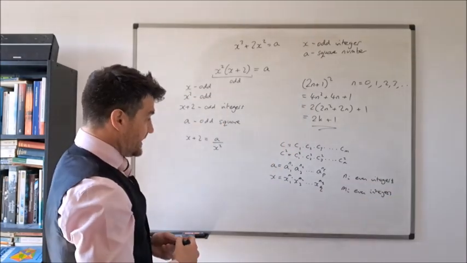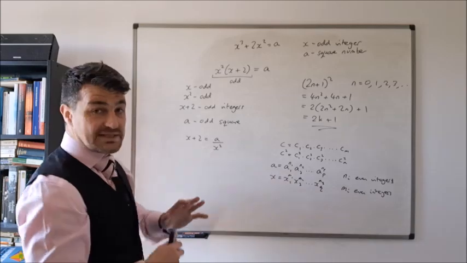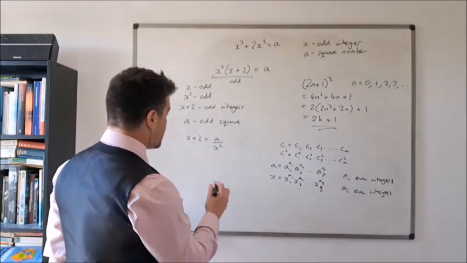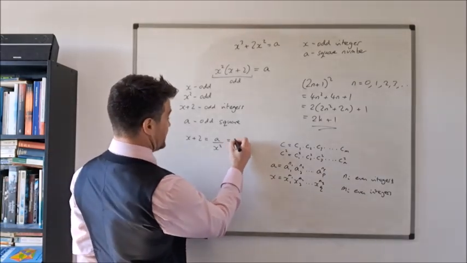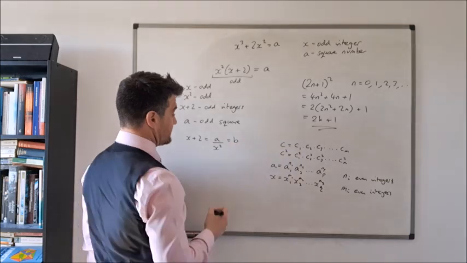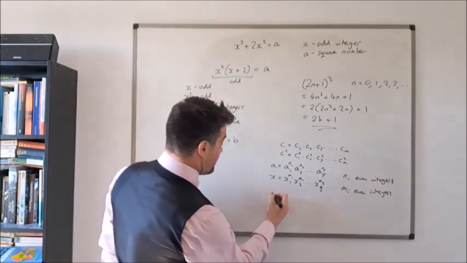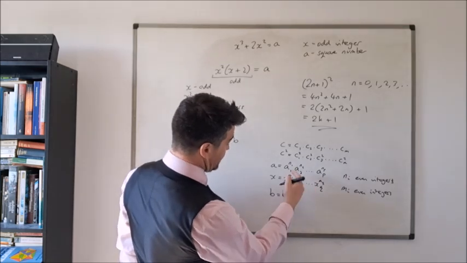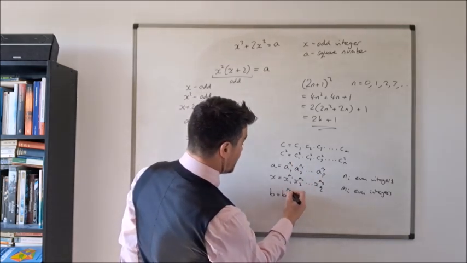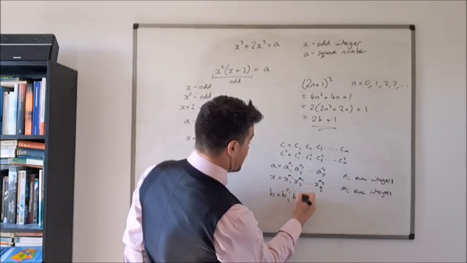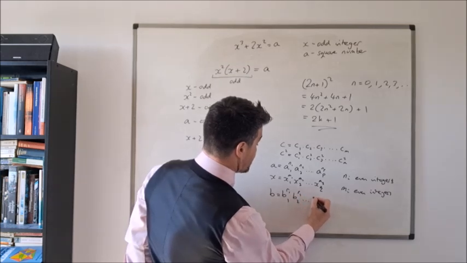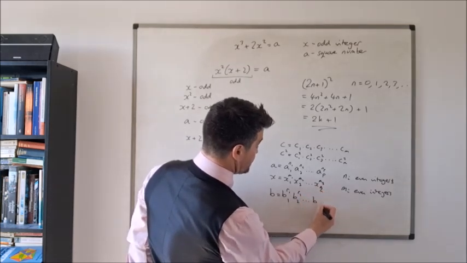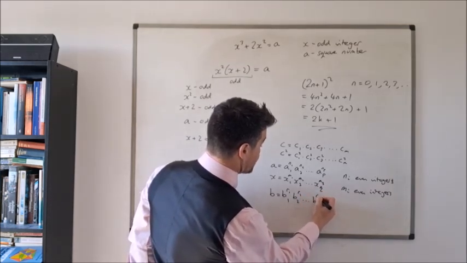What we find then is that if a is exactly divisible by x squared, we're going to get a number, let's say, b, where b is equal to b1 to the power of r1, b2 to the power of r2, times bt to the power of rt.